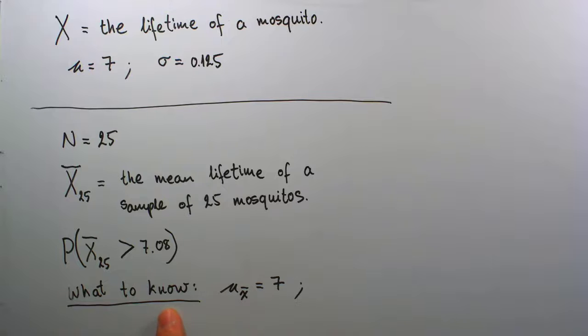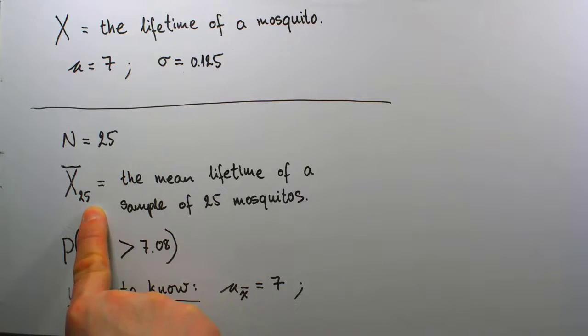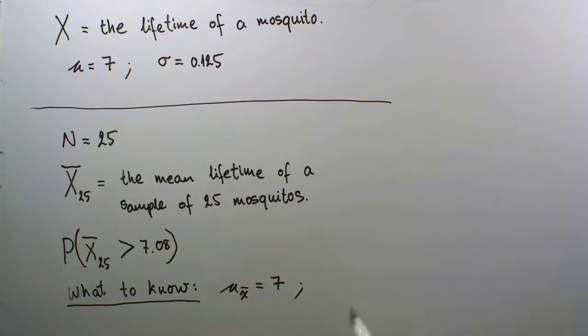Now, the next thing to know about this population of sample mean values of size 25 in each sample is the average spreading or standard deviation of all sample means, symbolically written as sigma x bar.